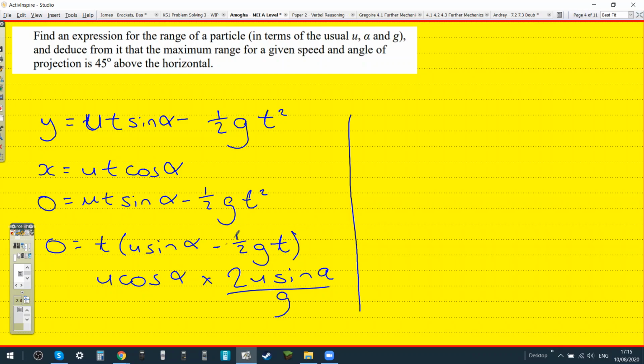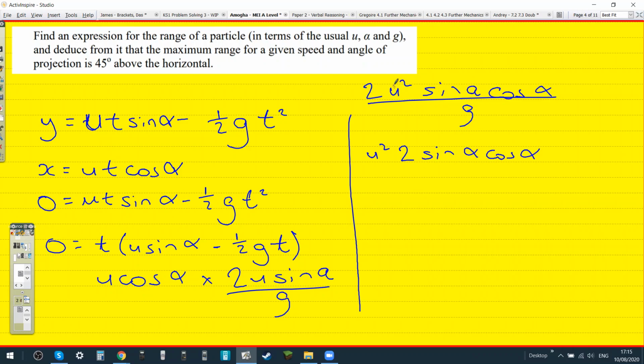Hang on. So u times u. I'll put the number first. U times u squared, sine alpha cos alpha over g. Oh, I think this is because for 45, sine and cos are like the same. I don't know if that's right. Yeah. I think though. Sorry, I'll put the 2 in front of the sine.